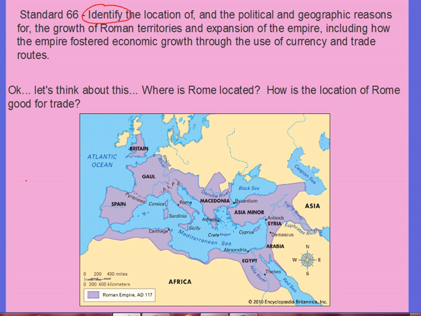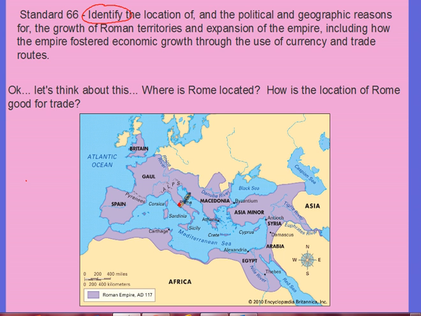All right, very first thing that we're doing is identifying. They have a note written for that one. Maybe you will too. Identify the location of Rome. You told me where Italy was. Now, where is Rome located on Italy? It's right here. First of all, tell me what shore that is on. Western shore.